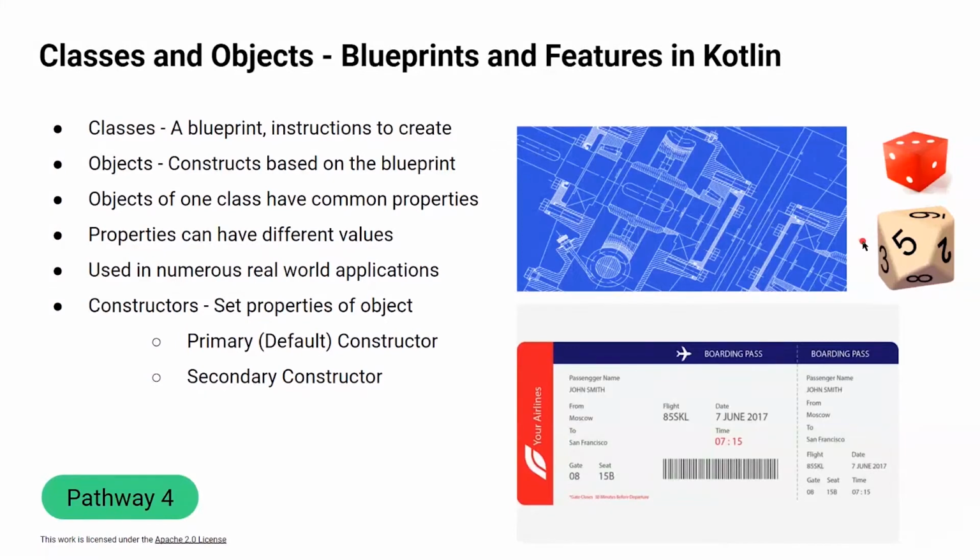So the number of sides would be 10, the material may be plastic or wood, and the color would be beige. So a class or a blueprint, again, really mentions only what features or properties should be there. And the constructs or objects built from the blueprint take from it and go into the specificities of the mentioned properties, right?